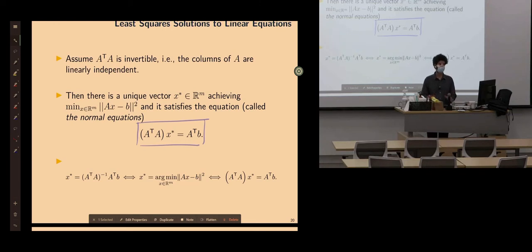Now you've seen this before. The only thing we did, we multiplied both sides of Ax equals b, right? What I'm doing, I am multiplying both sides from the left by A transpose. This is called the normal equations.